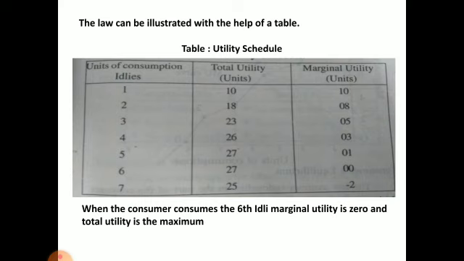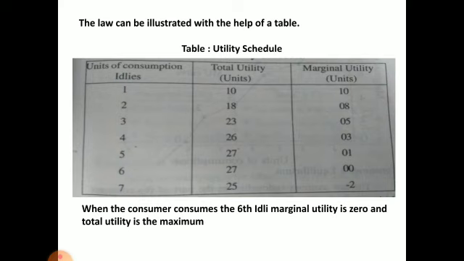You see here in the table that as more and more units of the commodity are consumed, the total utility goes on increasing from 10 to 18 to 23, 26, 27, remains constant, and then it starts declining, say, to 25. And if you look at the marginal utility, you see it goes on decreasing continuously. It even becomes 0 and it even gets negative.